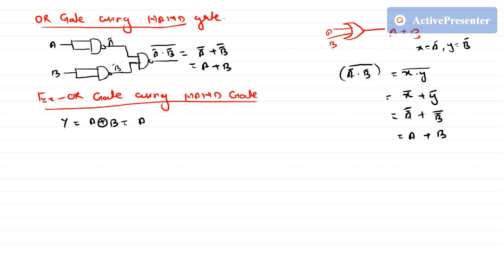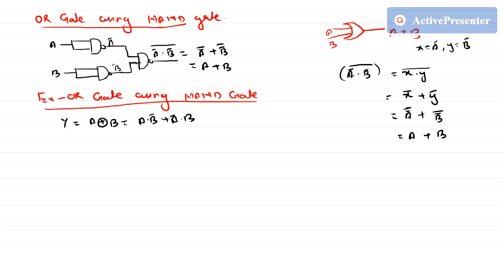Anyone remember? A dot B bar plus A bar dot B. So this is the XOR gate operation. So we need to implement this one using your NAND gate.